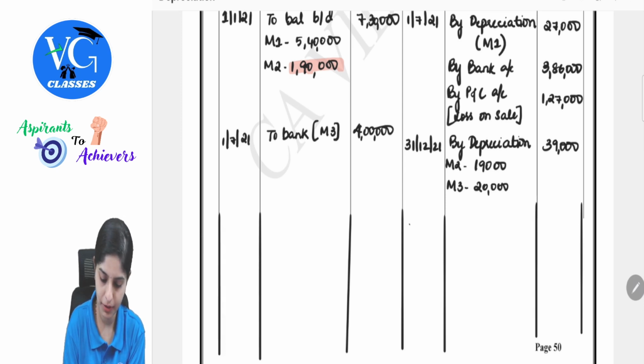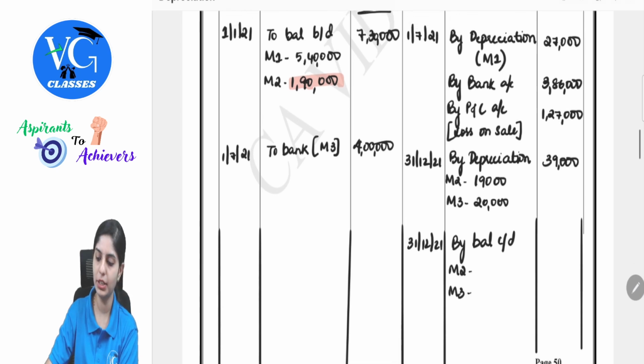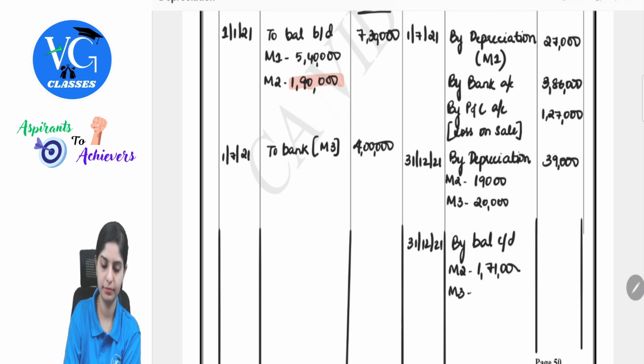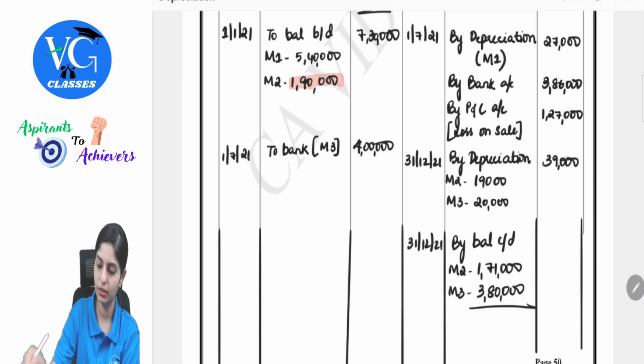Yes, at the end of the year, I have to calculate the balances by balance carried down. Machinery 2, machinery 3. Machinery 2, 1,90,000 minus 19,000, 1,71,000. Machinery 3, 4 lakh minus 20,000, 3,80,000.